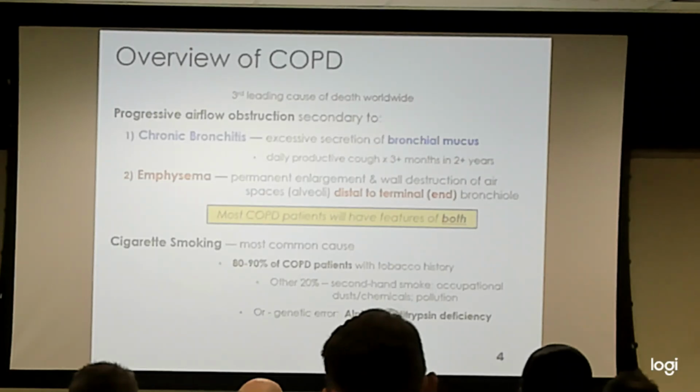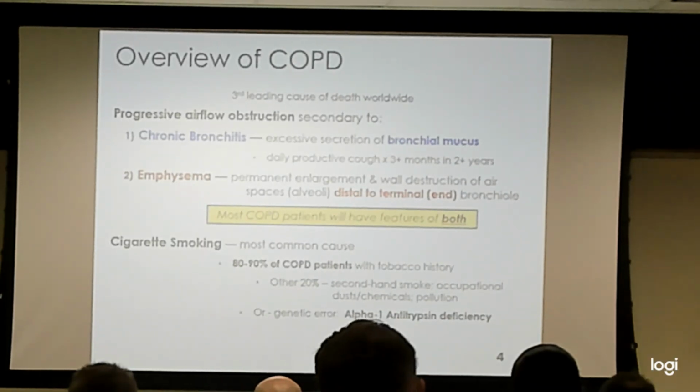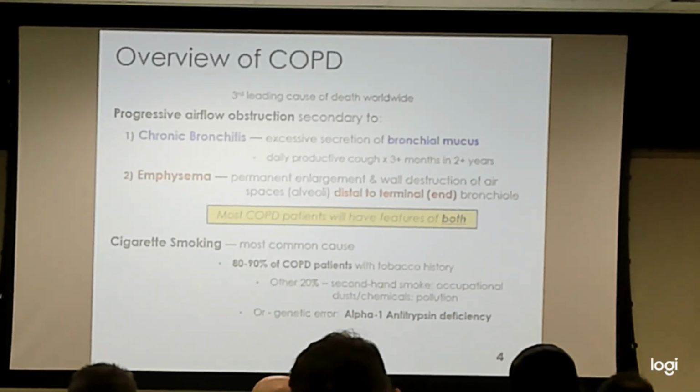So, third leading cause of death worldwide. It's not necessarily the most common, and in fact, we're probably going to see less of it over time because people have gotten away from the cigarettes. More, of course, a lot of them went to vaping, but that chronic cigarette use. And again, when we talked about bronchitis, we talked about how we're more concerned about some bacterial components to that.